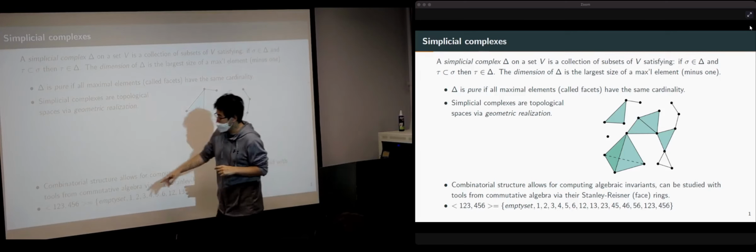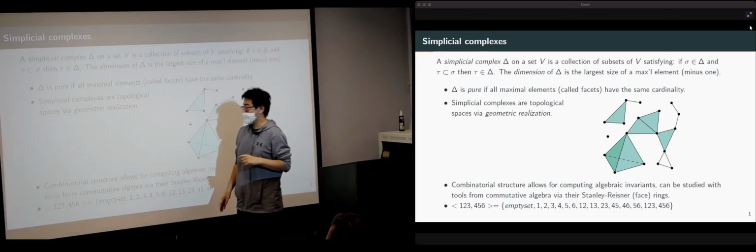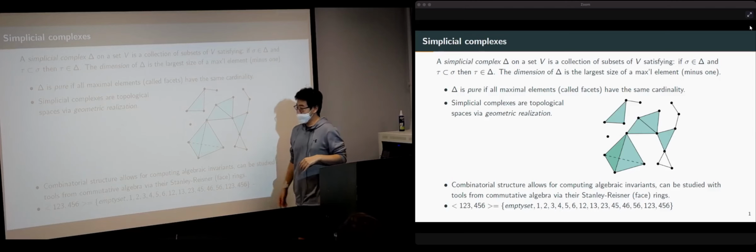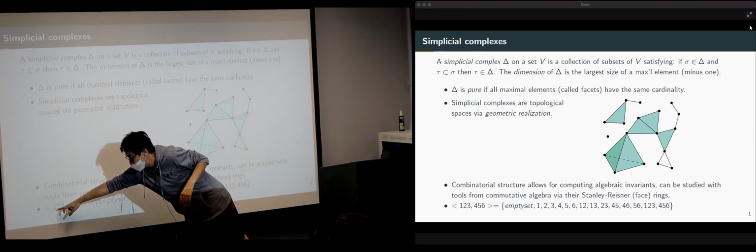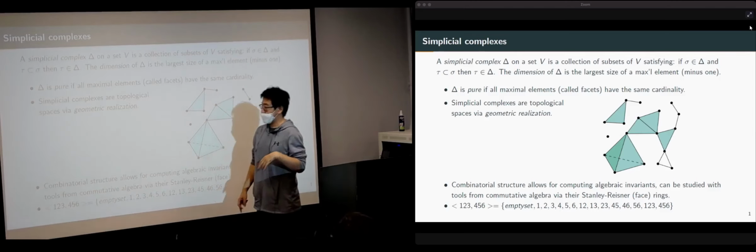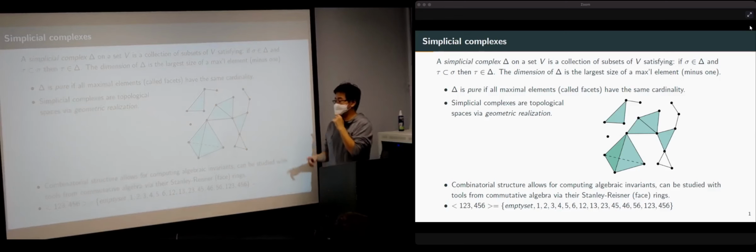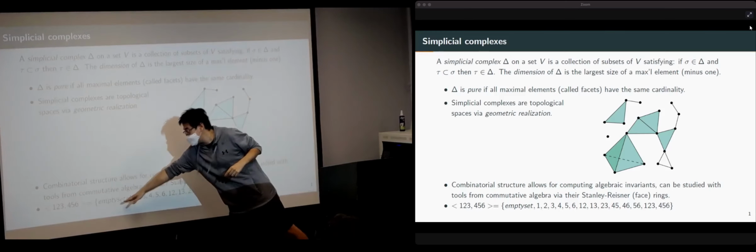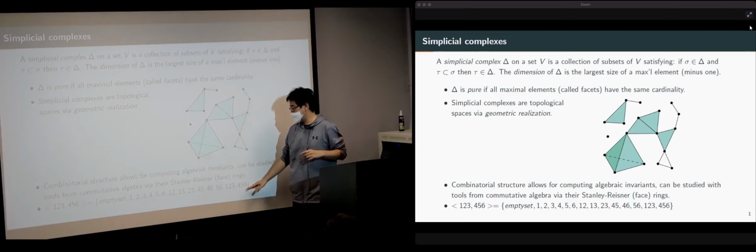So we are going to be using this notation of a simplicial complex being generated by a set of facets. What this means is that the facets are going to be 1, 2, 3, and 4, 5, 6, the largest sets. And your simplicial complex is simply going to be the collection of all the subsets of those. So everything from the empty set to the facets themselves as well.